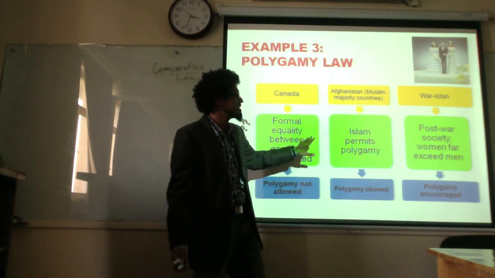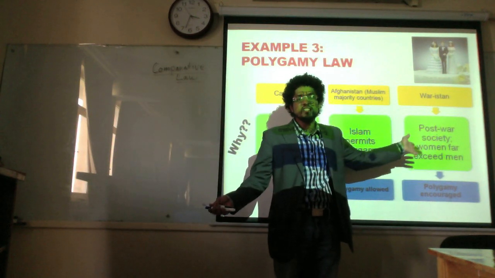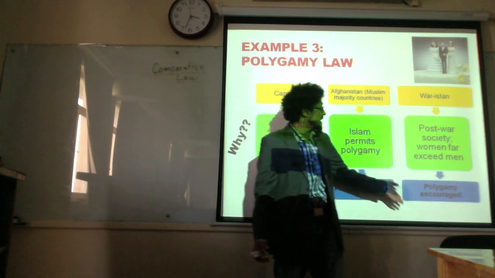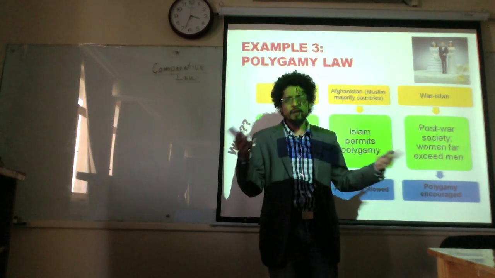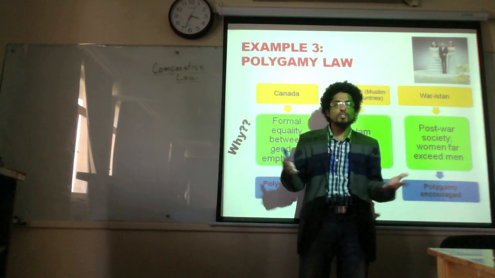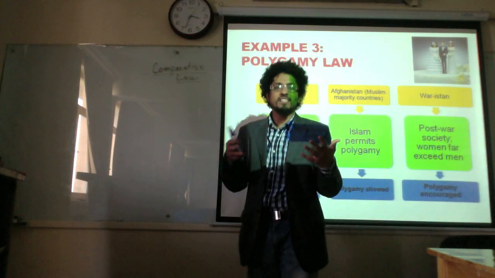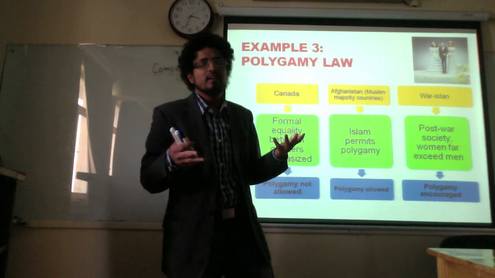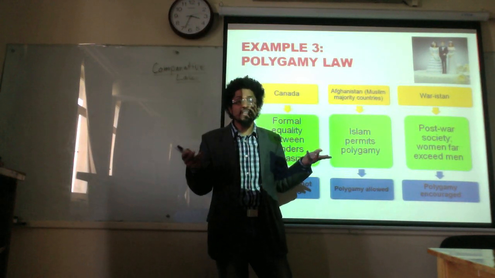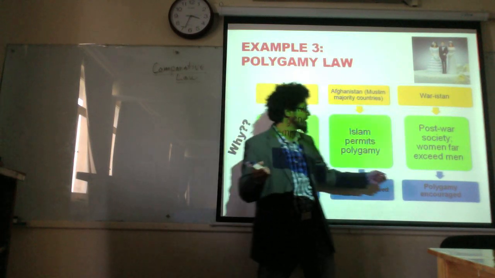In this fictitious Waristan, what reasons might they have to actually encourage polygamy, hypothetically? We can say hypothetically, this might be a post-war society. Women far exceed men and they have to deal with it pragmatically. So one way that the legislators decided to deal with this issue is that they encourage polygamy.